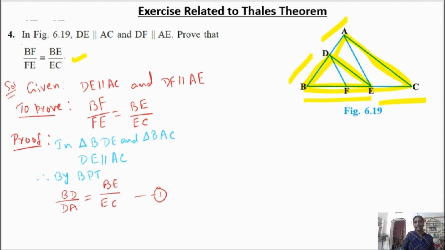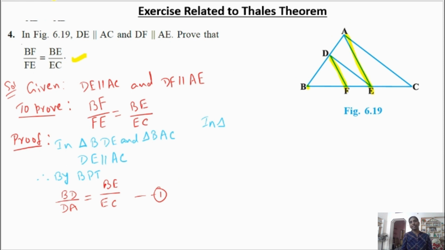Now let us take another two triangles. Which triangles? Here it is given DF is parallel to AE. It means here we can take these two triangles, BDF, this is the smaller triangle, and BAE, this is the bigger triangle.